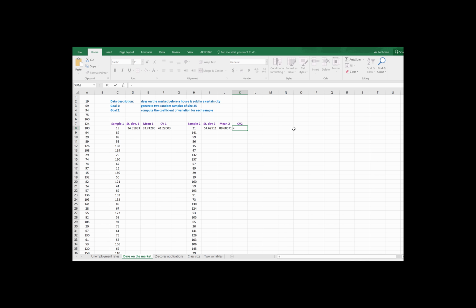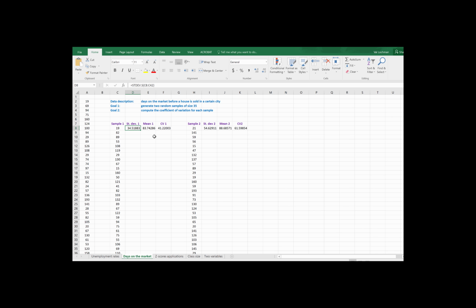So here we have standard deviation divided by mean times 100. Okay, here we have 62% roughly, right? Here is 41. So in this case, yes, we have more consistency within sample 1.